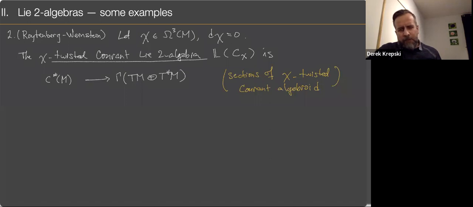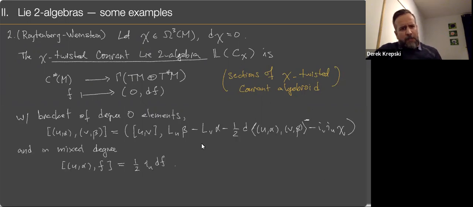If you're familiar with that, you'll see the bracket and so on showing up here when we go over the brackets. The differential again is just the de Rham differential. And so here's the bracket. You might recognize this if you know the bracket on the Courant algebroid. This pairing between vector fields and one-forms is a standard pairing.